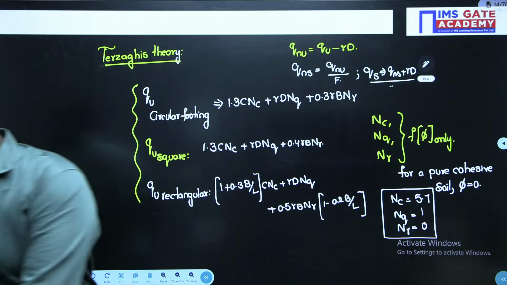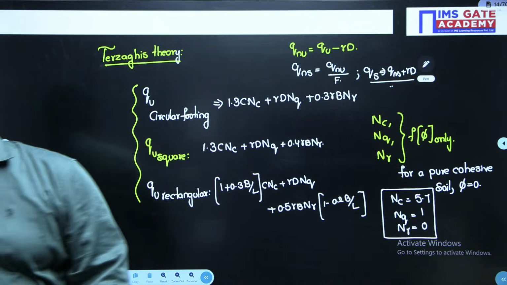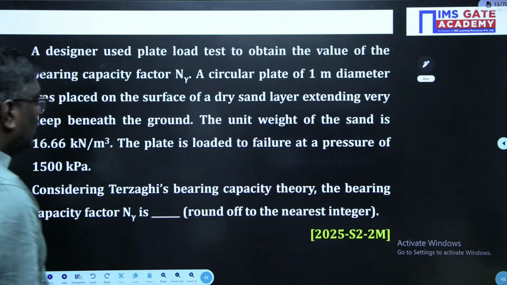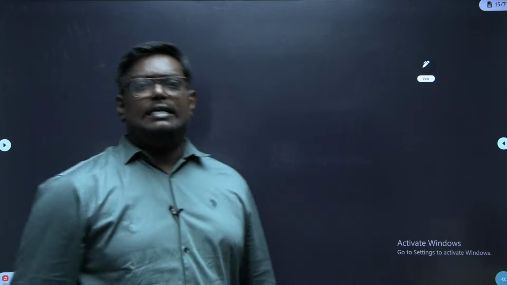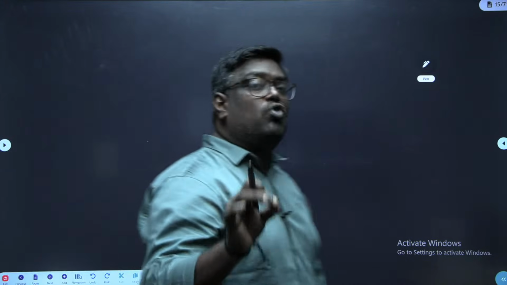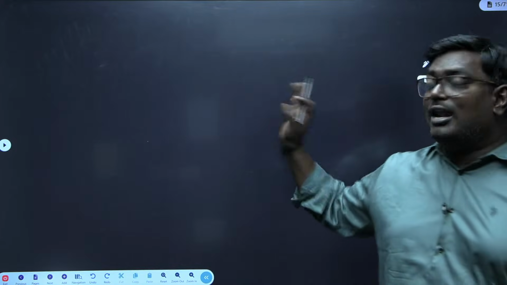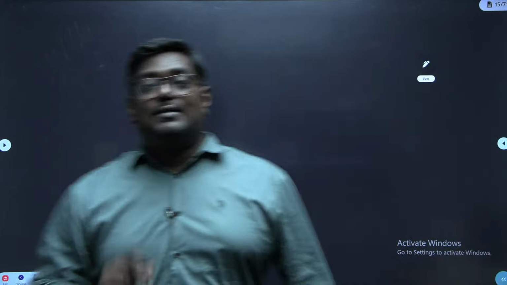So here, my dear students, let me tell you, first of all, there is another point. By default, you can write it as a note when you are solving problems on shallow foundation or bearing capacity.